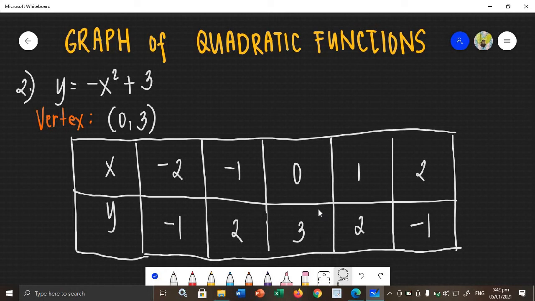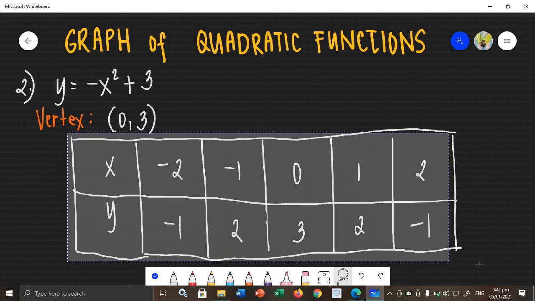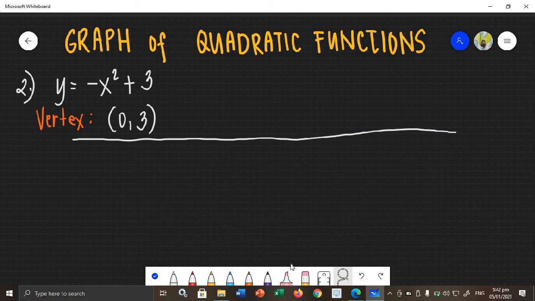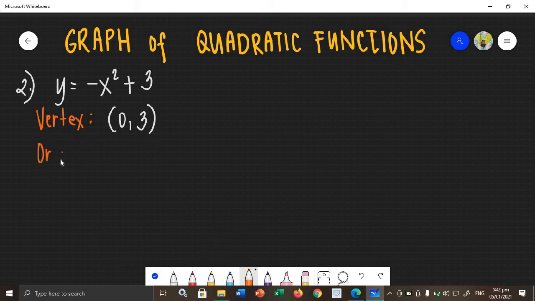So, if you're going to write this table in ordered pairs, pagsamasamahin nyo lang yung mga magkakatapat. And then, these ordered pairs, or what we are going to use to plot or sketch our graph. So the first one is -2 and -1.